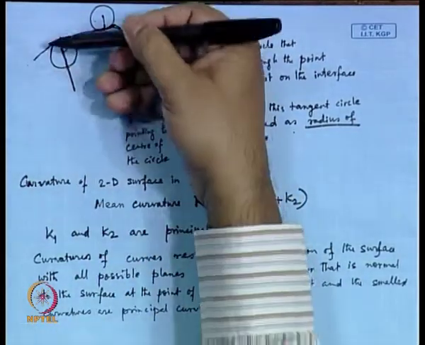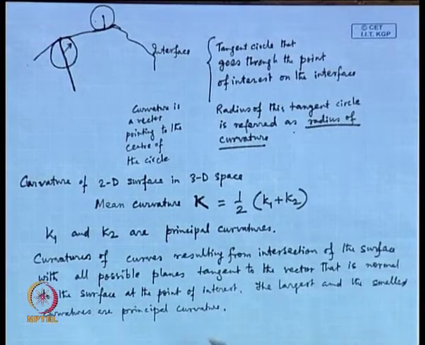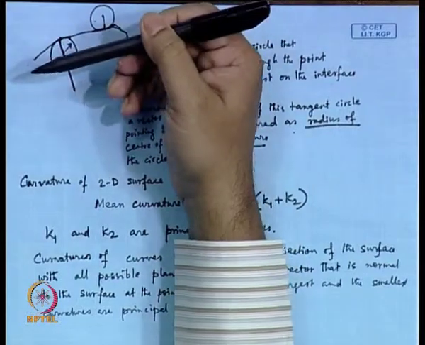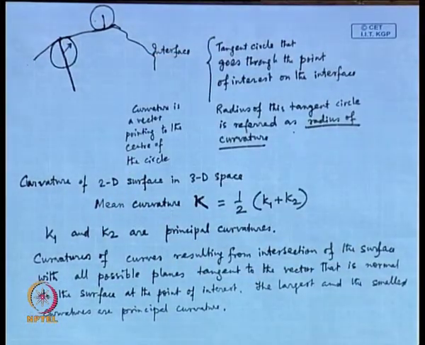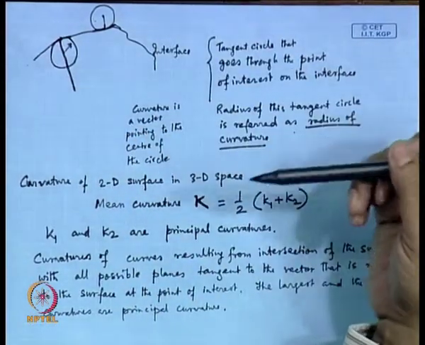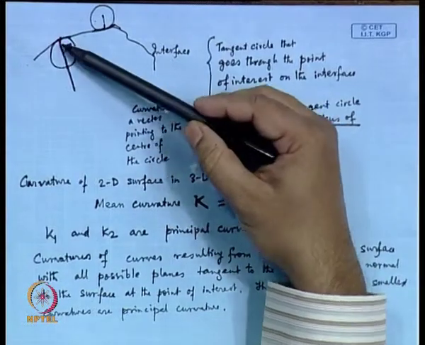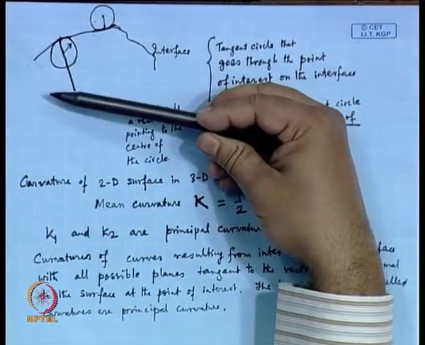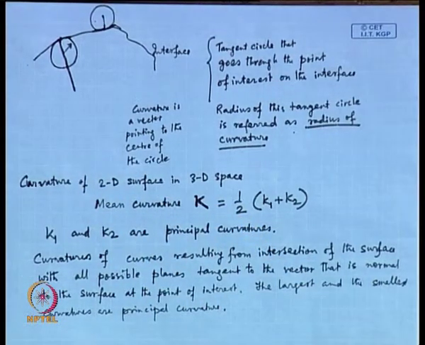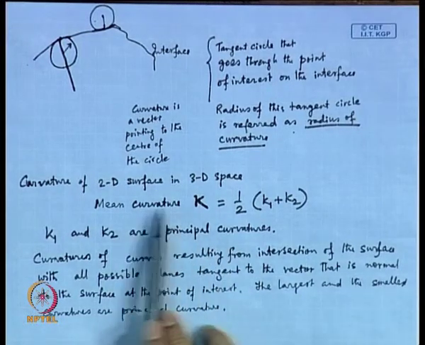What I have drawn here is 1D, just a single line. When it comes to a 2D surface, there could be several such planes tangent to the vector that is normal to the surface at the point of interest. You could have drawn a circle like this, you could have drawn a circle like this. So, there could be several such circles possible, and you can have several such curvatures also possible. So, the largest and the smallest are referred to as principal curvatures, and you take the mean of that and call it mean curvature.